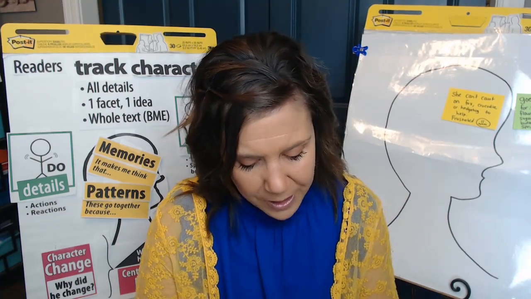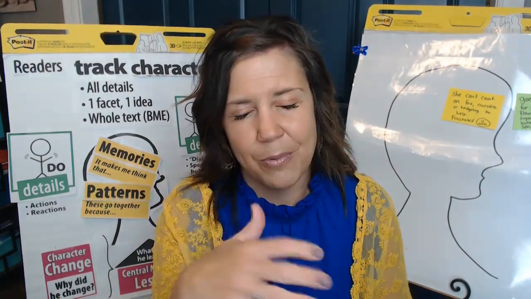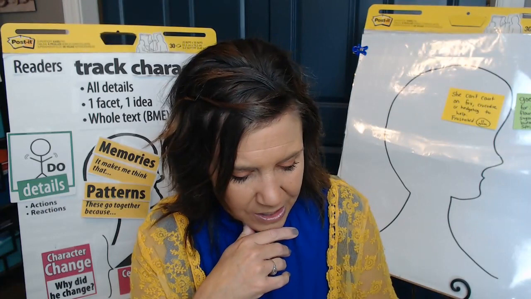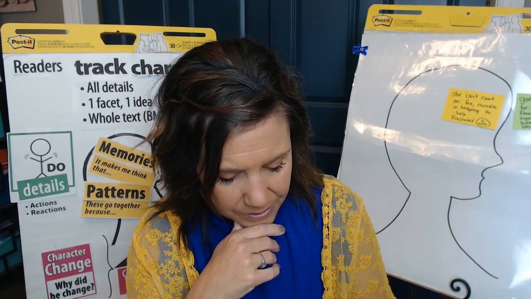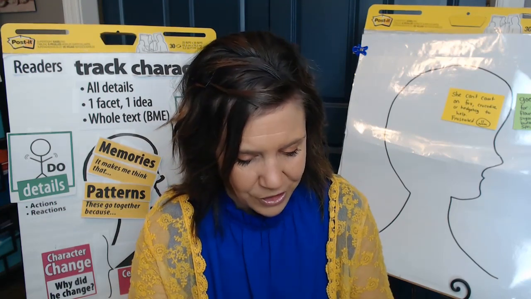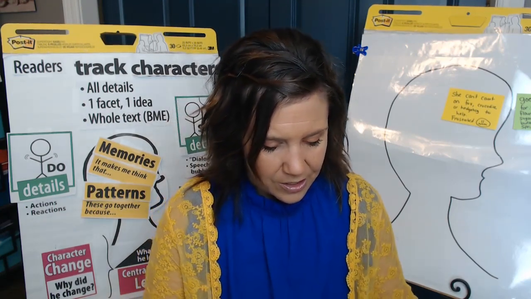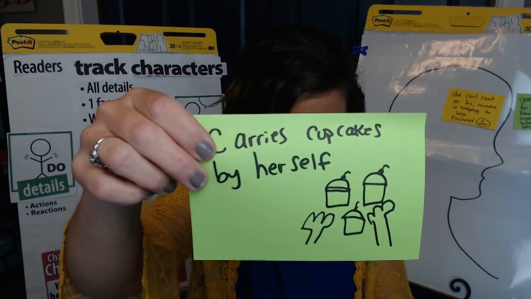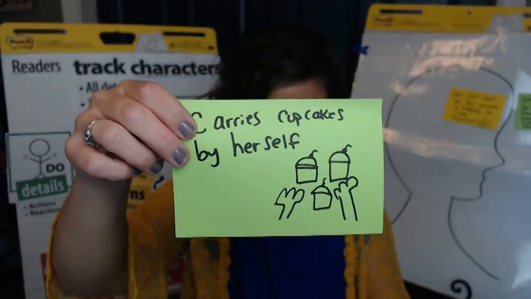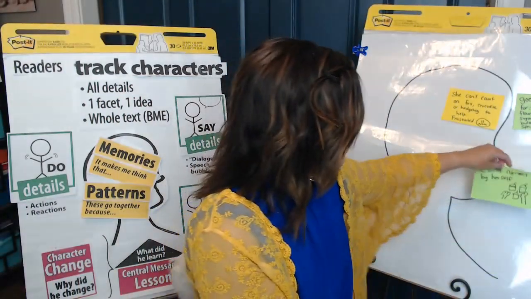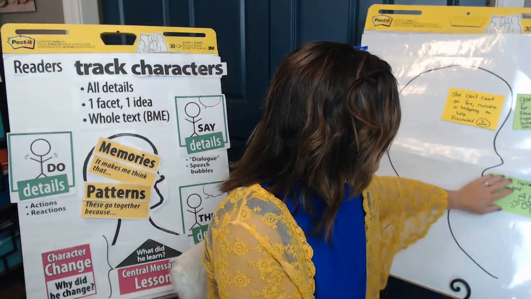Then the day that she has to bring the cupcakes to the truck, remember what she had to do? She had to carry the cupcakes herself, didn't she? Now she has to carry them by herself. Is that what you said? Yeah, she had to carry them. She's carrying the cupcakes by herself.